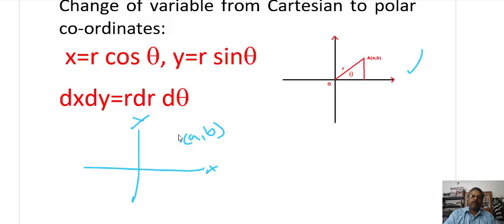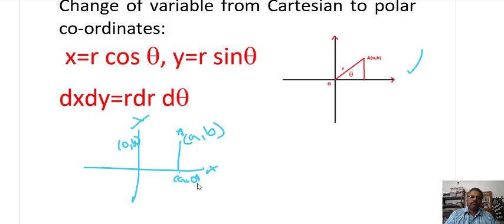If you take a perpendicular line to the x-axis, this point is the foot of the perpendicular of a, nothing but a comma 0. In a similar way, take the foot of the perpendicular from this point to the y-axis, which is another point, 0 comma b.